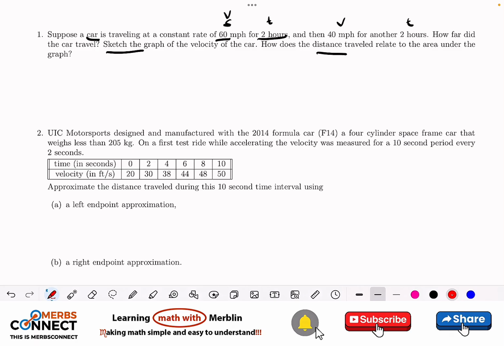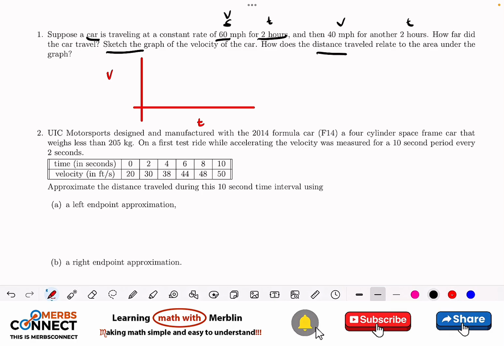If I have my y-axis and I have my x-axis, good. Then from the first 2 hours, I'm just going to go with time and then the velocity right here. So this is what I'm going to do.